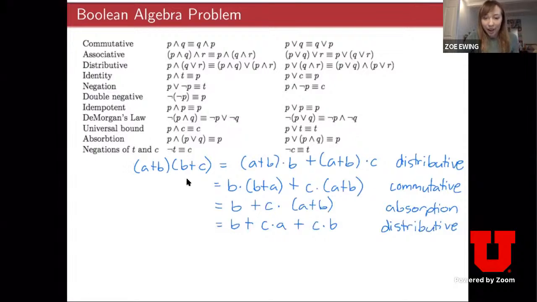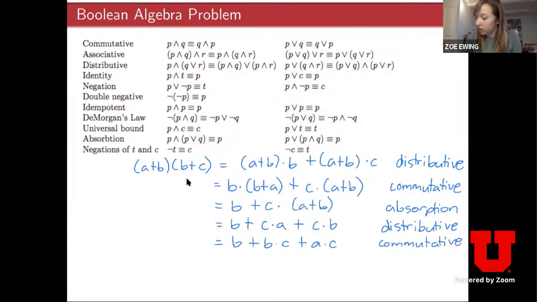All right, we're getting there. We're going to want to use absorption again, but we need to use commutative again. We use commutative a lot. So this is equal to B times C plus A times C. And we're just switching that one because we know that we're eventually going to want AC plus B. So this is commutative.